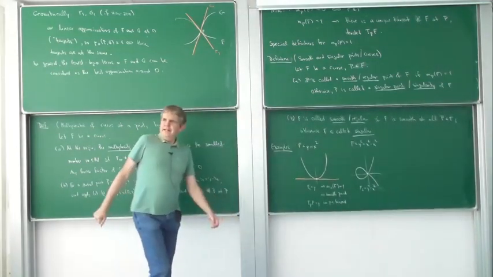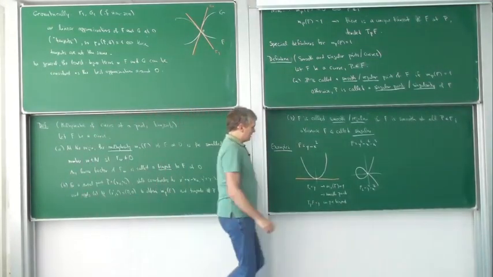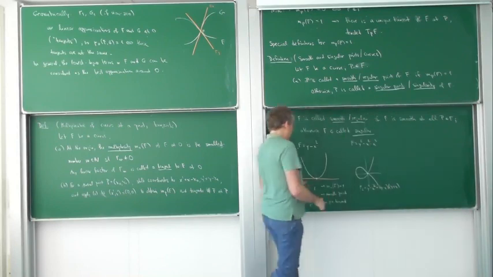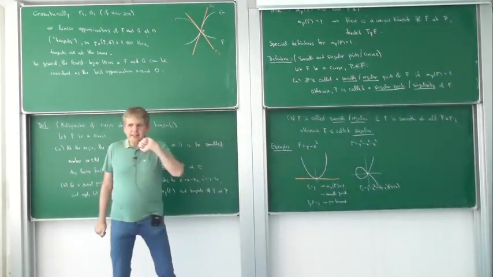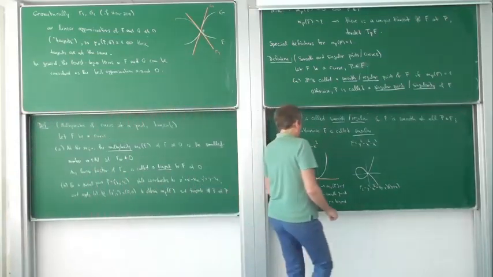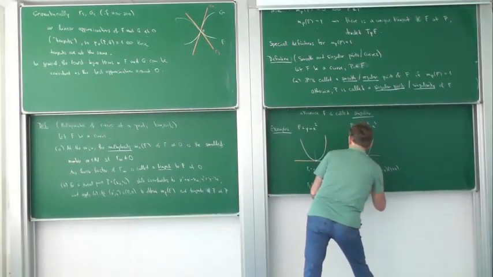And that obviously factors, right? It's (y minus x)(y plus x). What this means is, first of all, that the multiplicity here is 2. It's the degree of the first non-trivial term in the polynomial. So that means m0 of f is 2. And this would be a singular point.